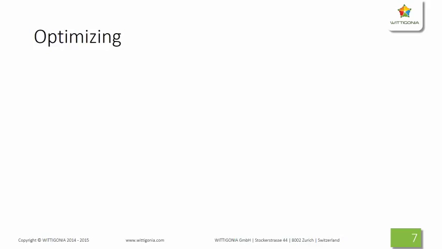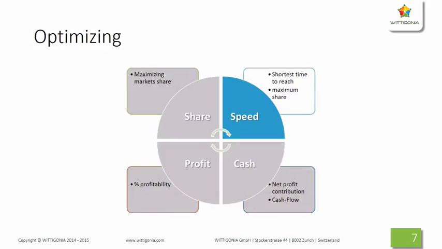The scenario that we look at will focus on basically this sector here in our prioritization matrix, where we take a look at the speed, so the time it takes to reach a maximum market share.